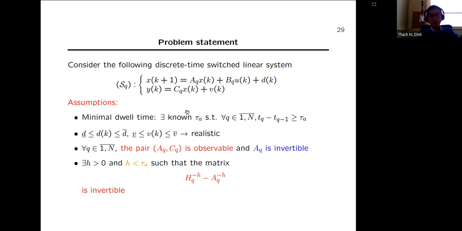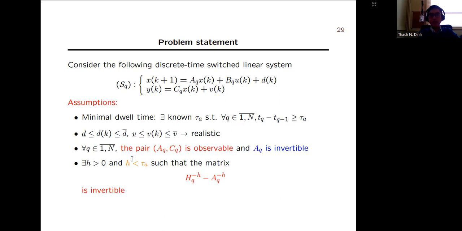Here I have to mention that the switching property here is not a challenge, because we suppose that the difference between two switching times is always greater than the minimal dwell time tau A, and greater than the first time S we choose.